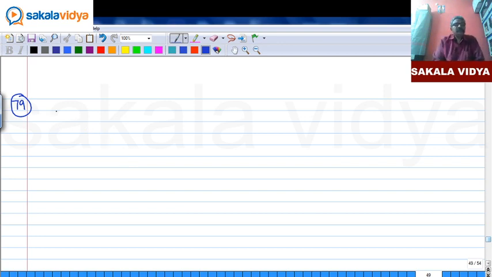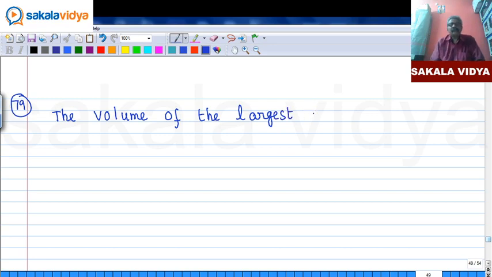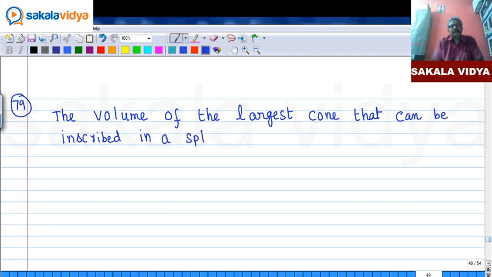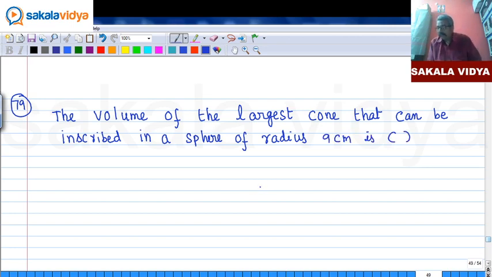The volume of the largest cone that can be inscribed in a sphere of radius 9 centimeters is.